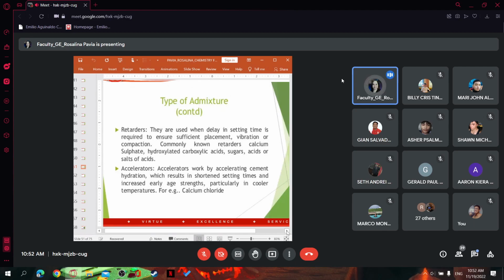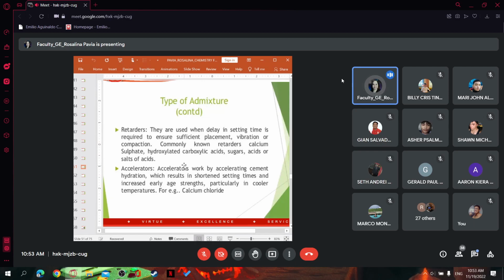Meaning to say, if you are going to delay the setting time or the curing time, let's say you have to make use of a design wherein your concrete is to be applied in a curved manner, you have a design, you have to delay the setting time. So you are going to add retarders. Commonly known retarders are calcium sulfate, hydroxylated carboxylic acids, sugars, acids, or salts of acids.